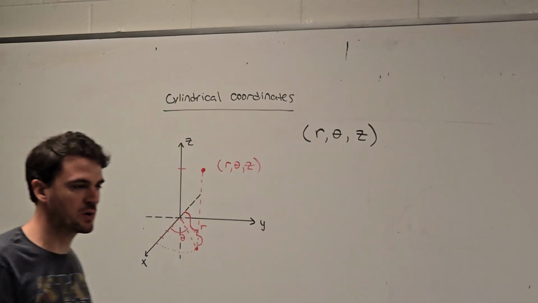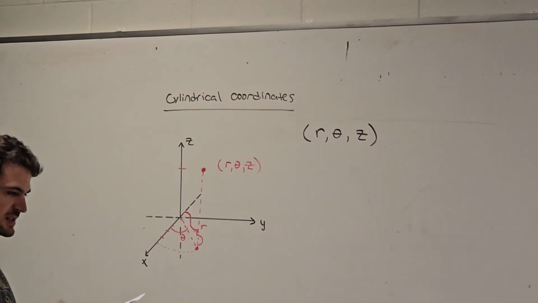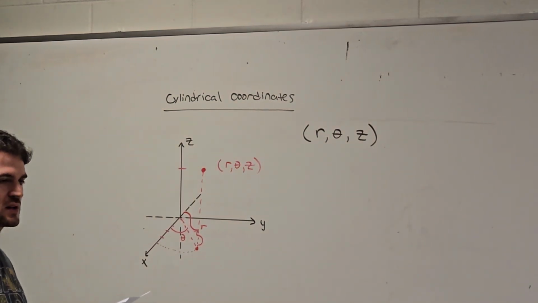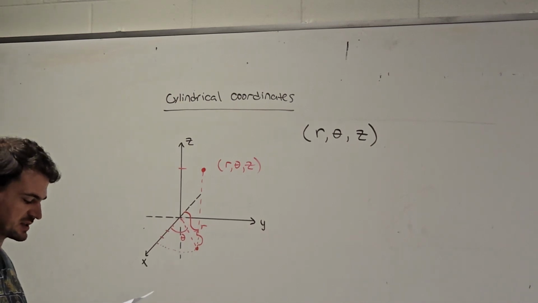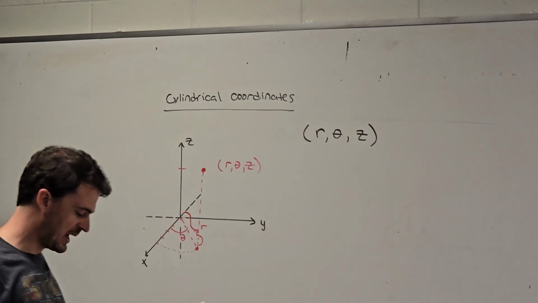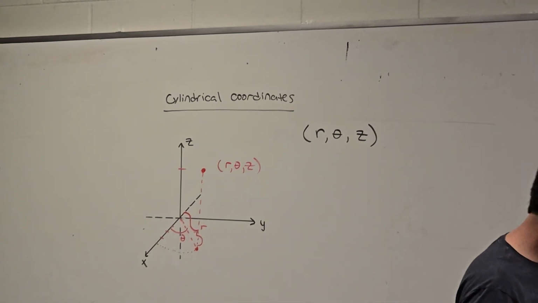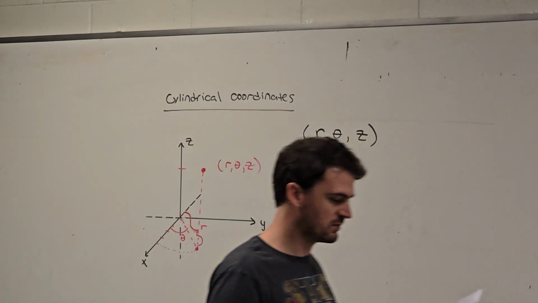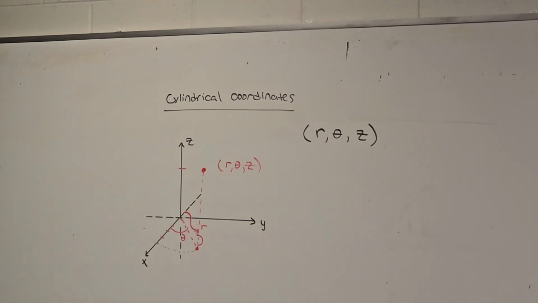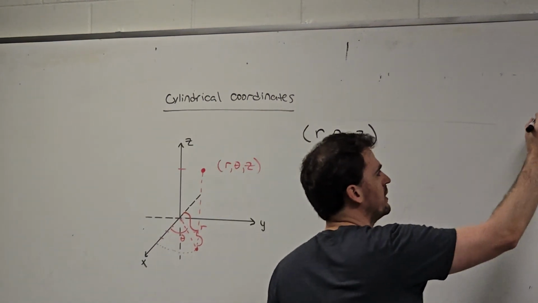And I put it just for emphasis, z equals z. Just to remind us that there's no conversion there. z is going to stay the same. x is still r cosine theta. y is still r sine theta. And z equals z. All right, let's convert some points in there.